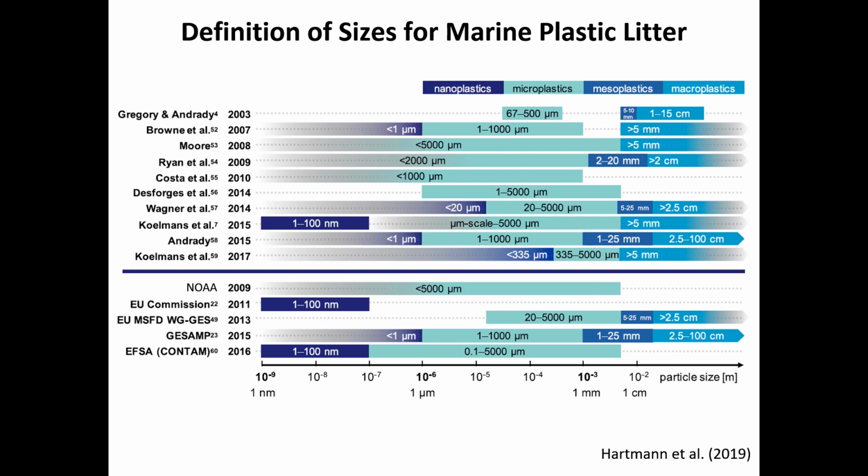In 2008, experts attending a meeting hosted by NOAA United States proposed a working definition in which microplastics are all plastic particles smaller than 5 millimeters in diameter, which has become the most frequently used definition.